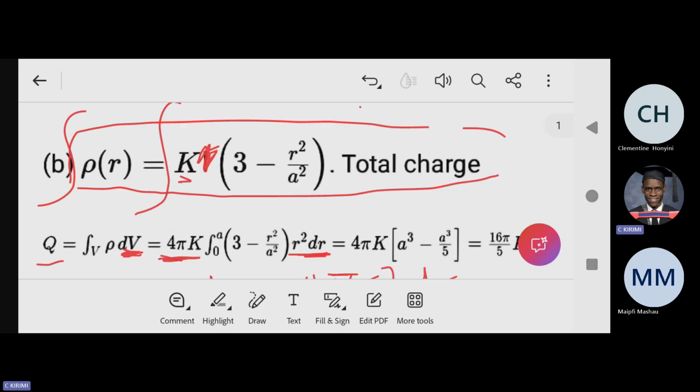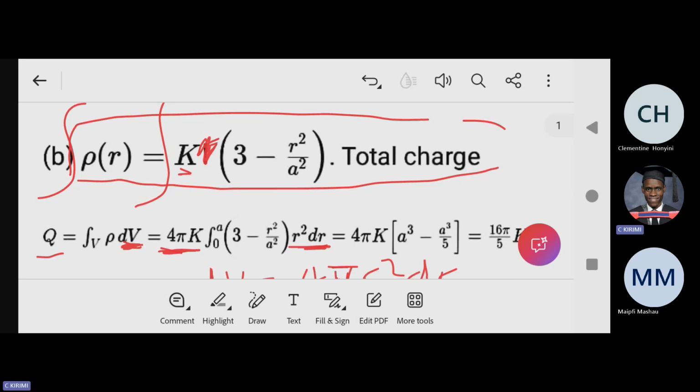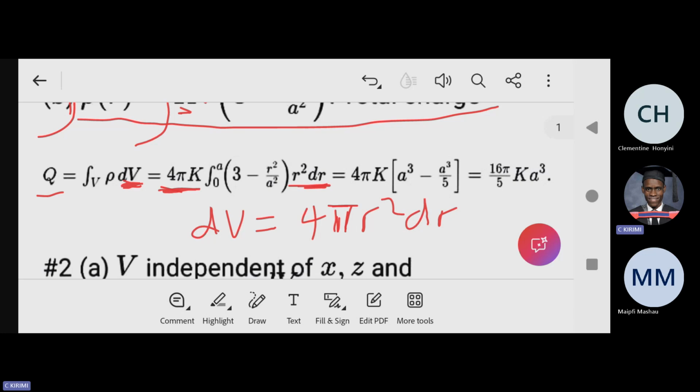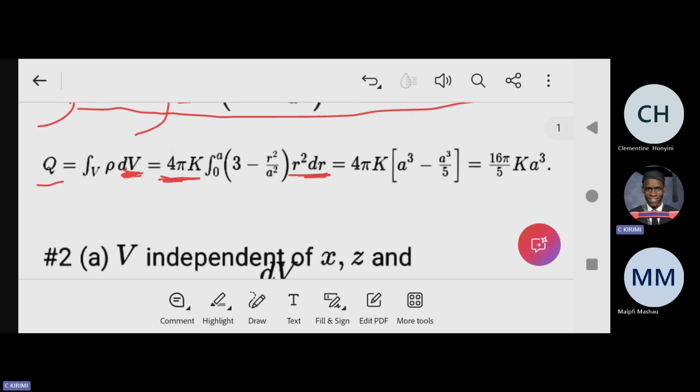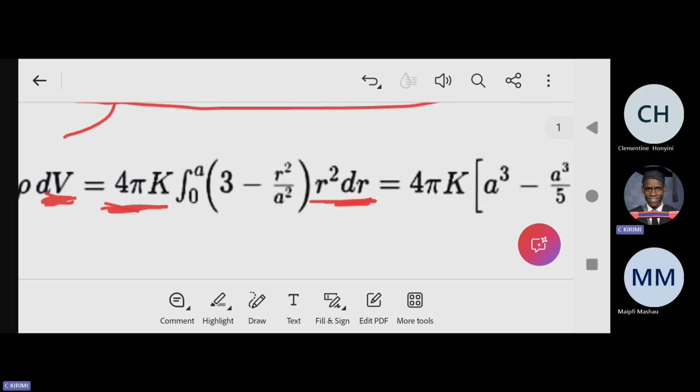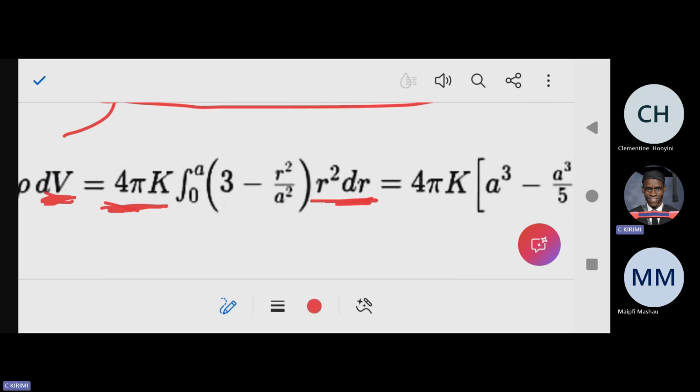So let's integrate now. What do you do when you integrate with respect to r? Same as what was happening the other day. We are integrating this with respect to r, then you substitute the limits. So your 4 pi k stays outside the integral.